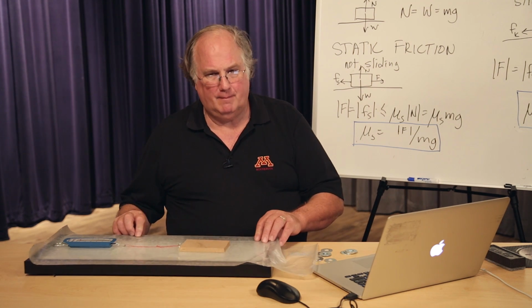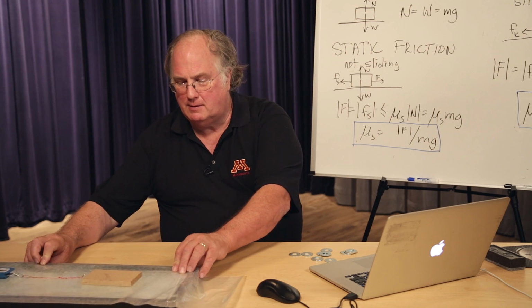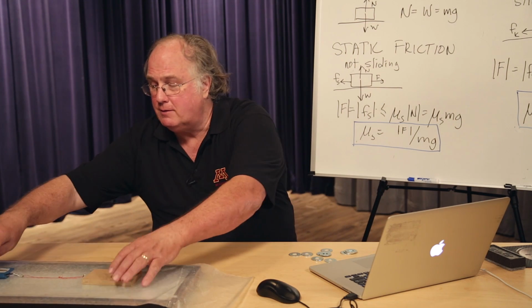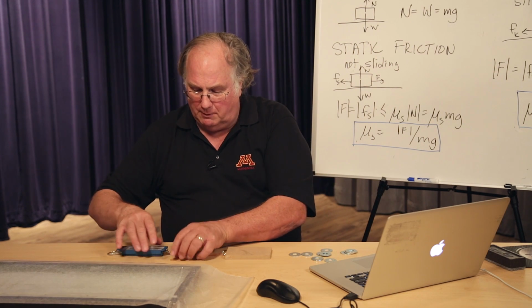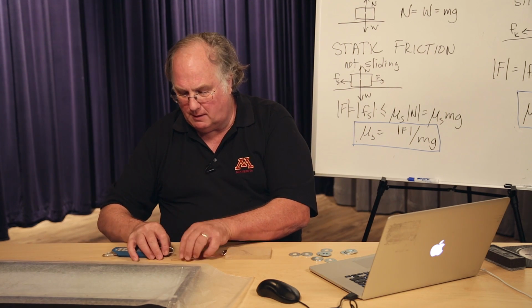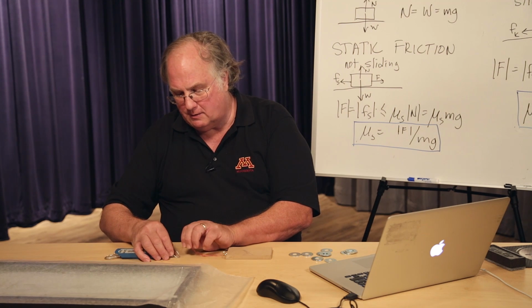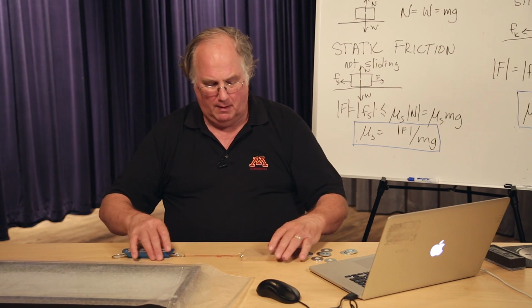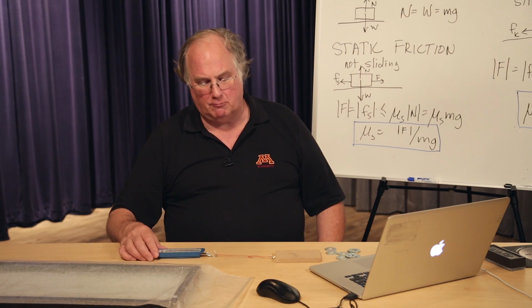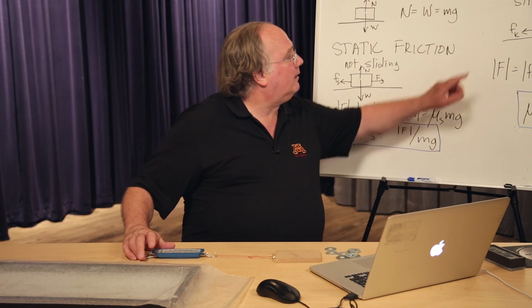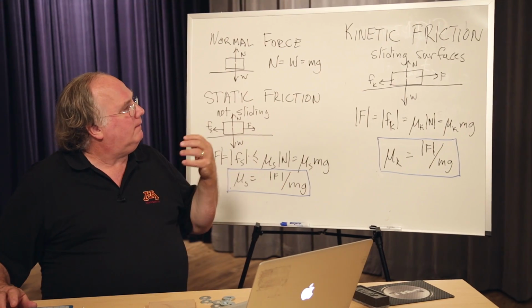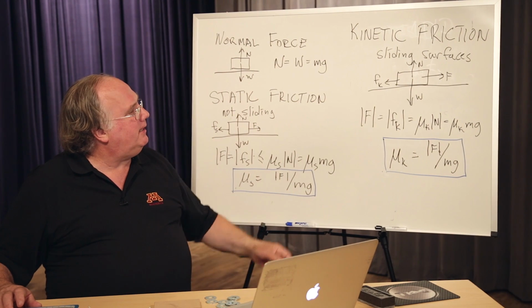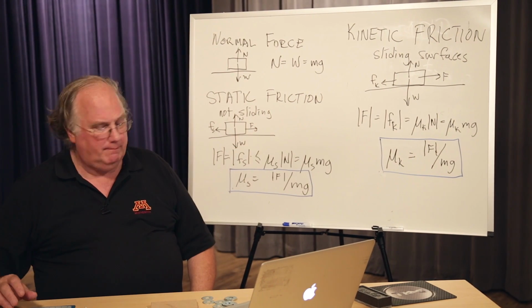Okay, so that's static friction. The other kind of friction is kinetic friction. That's very similar, except instead of pulling until it starts to break, what you try to do is pull so the sled slides at a constant rate. With kinetic friction, if it's moving at a constant speed, the force you apply is balanced by the kinetic friction.